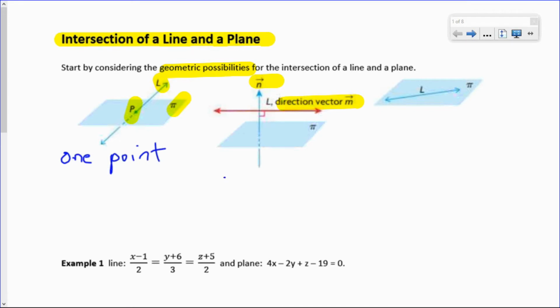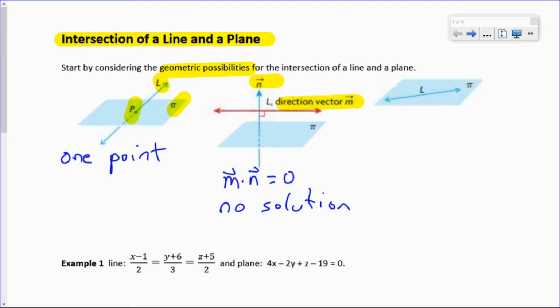So that means if we were to dot the direction vector and the normal, we would get 0 here. And there is obviously no intersection or no solution. I know that's a bit backwards to think about. A line is parallel to a plane if it's dotted with the normal, it gives you 0, or if it's perpendicular to the normal, you get 0. And that's because normals are perpendicular to planes.